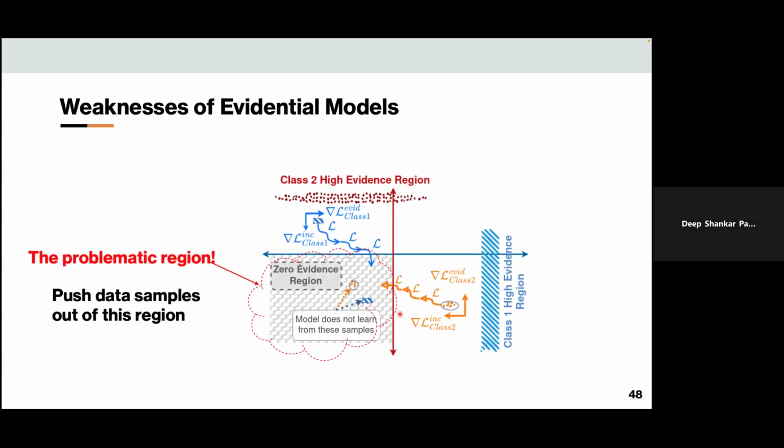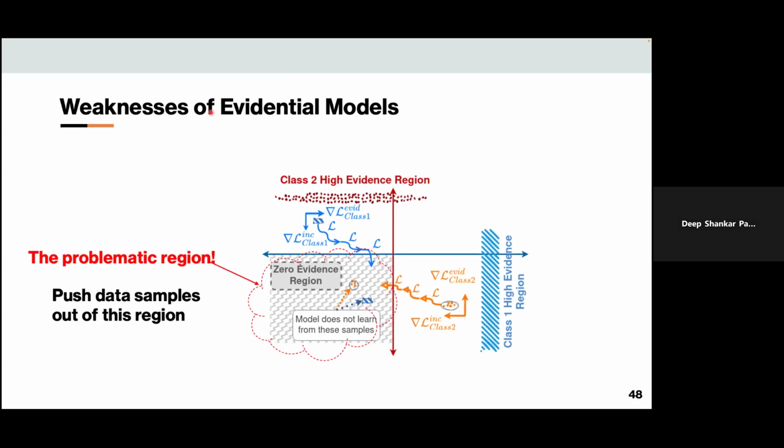So we analyzed the weakness of evidential models: any sample that is mapped to this zero evidence region, the model is not at all able to learn from it. So this is a problematic region, and we thought of pushing the data samples out of this region.